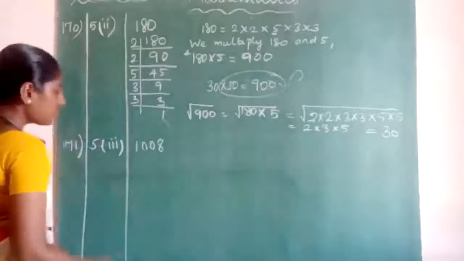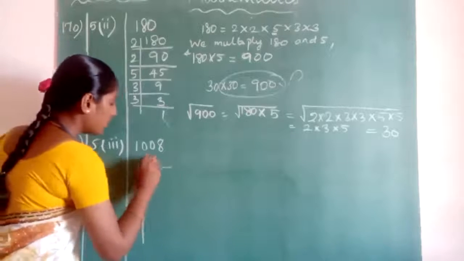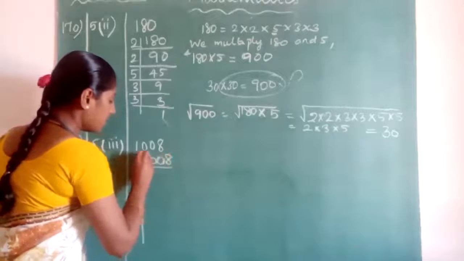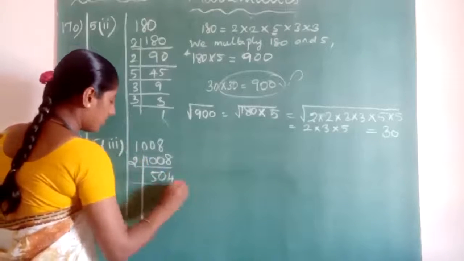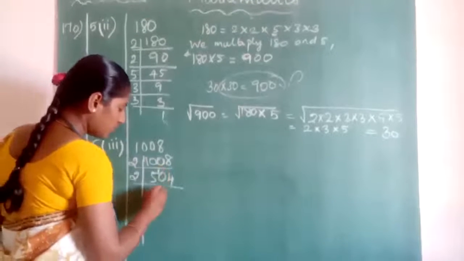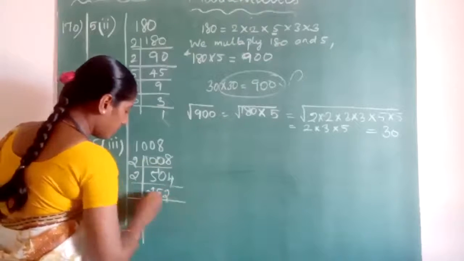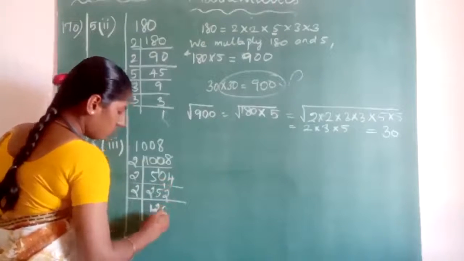Okay, next one is 1008 is given. So here again we have to perform the prime factorization. Start with 2 table, 2 5s are 10, 0 as it is and 4. Then again 2 table, 2 2s are 4, 1 remaining, 2 5s are 10 and 2. Okay, then 2 1 2 126.